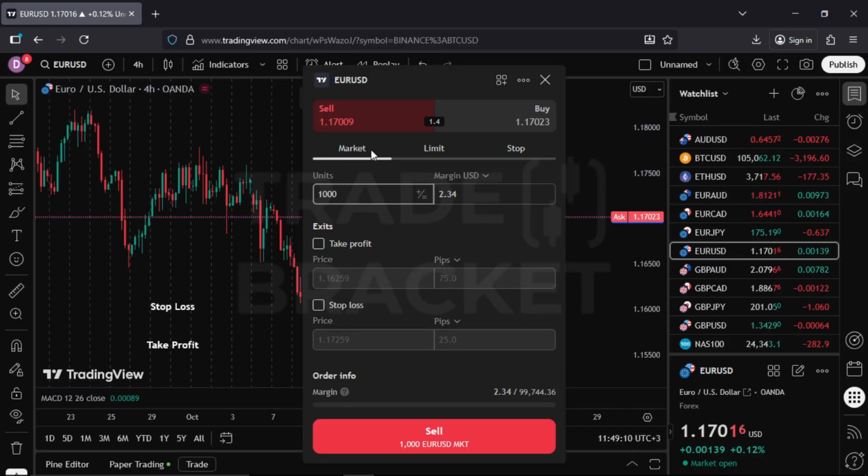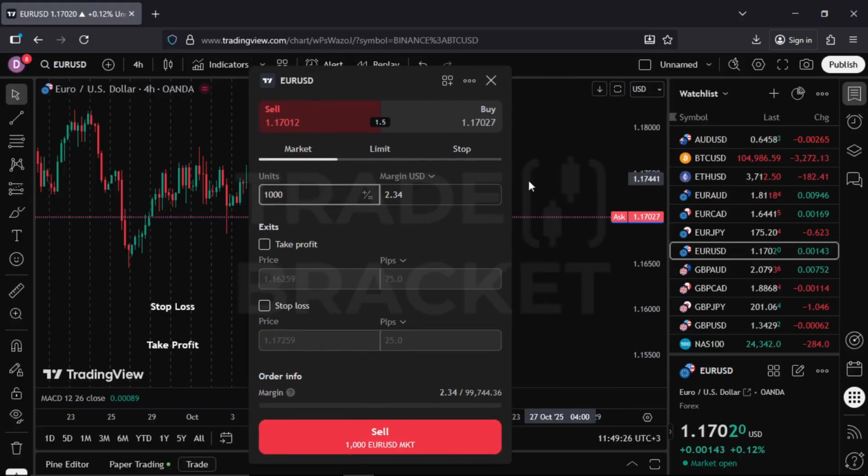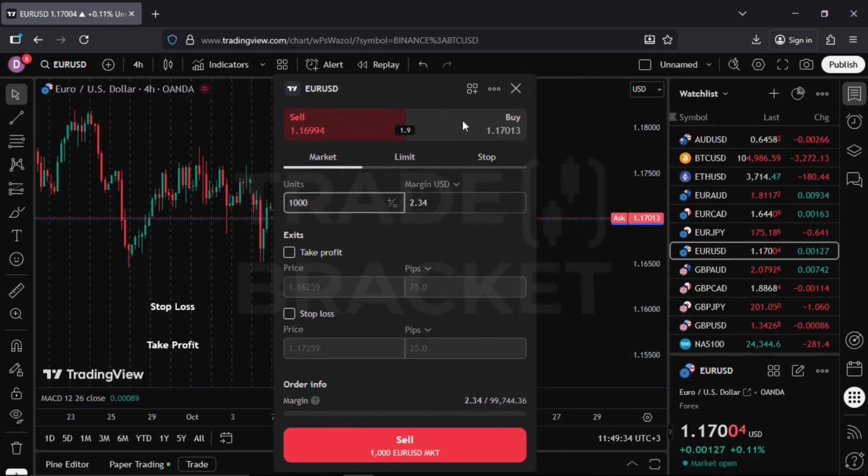Starting off with the market order. We say the market order is the order you will place if you want to enter the market at the current price. So if I wanted to sell this price right now, as I'm looking at the charts, let's say I look at the charts and I want to sell this market right now, I'll just click on sell on the left hand side, and then click on the bottom button that says sell right there.